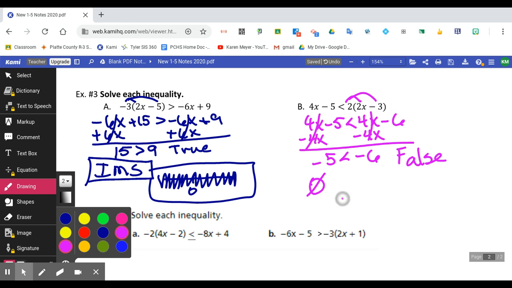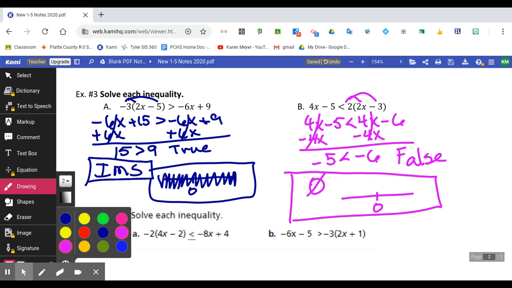No solution means that there is not a number out there that works at all, ever. So that means when you graph it, your number line should be completely blank. There should be zero amount of shading because there isn't a number out there that works.